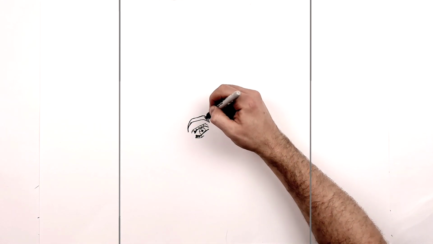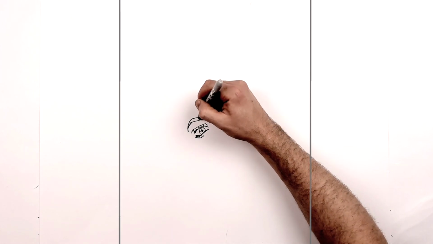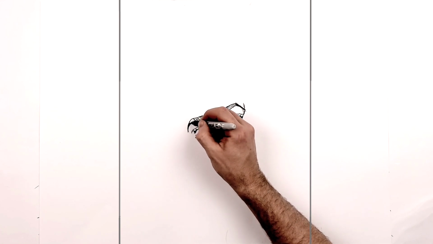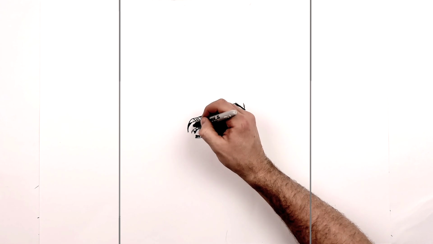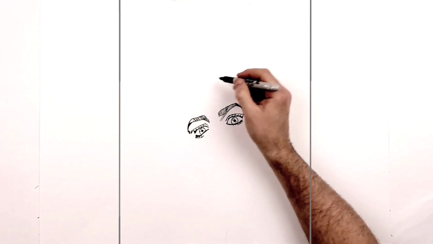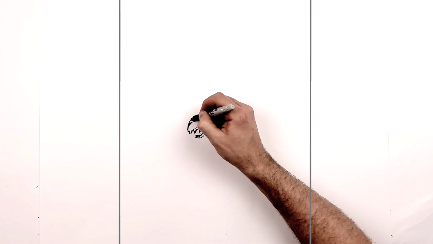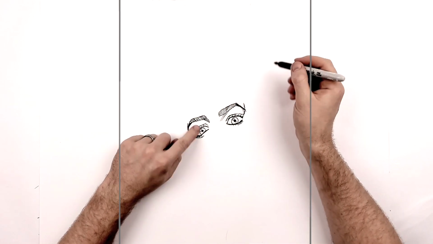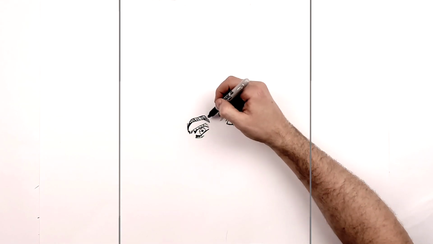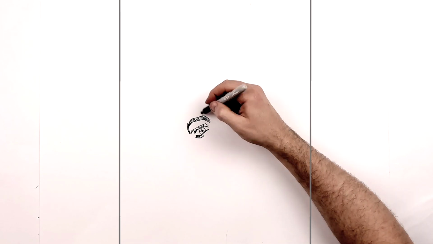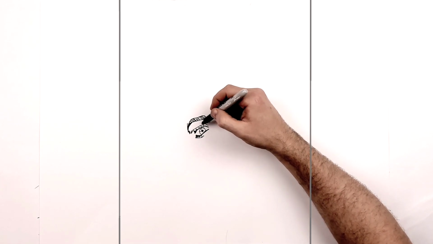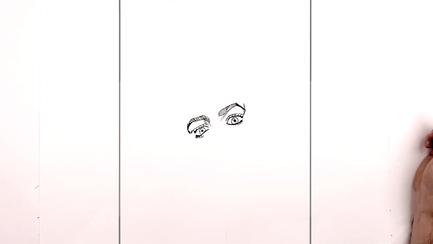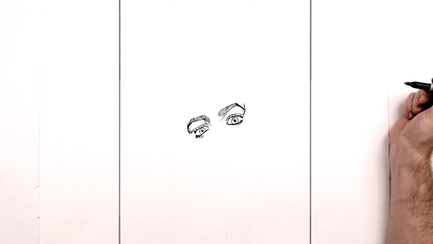We'll add some hatching. We'll just darken this. So Gabby has these sort of brow areas on his eyes and stuff.